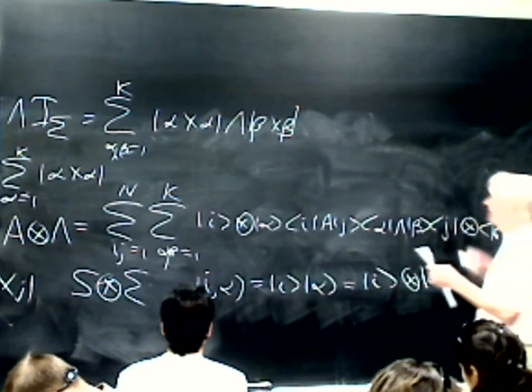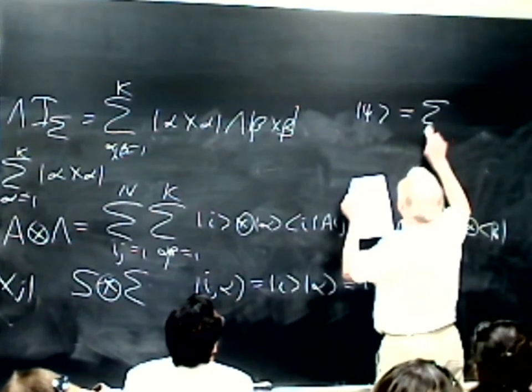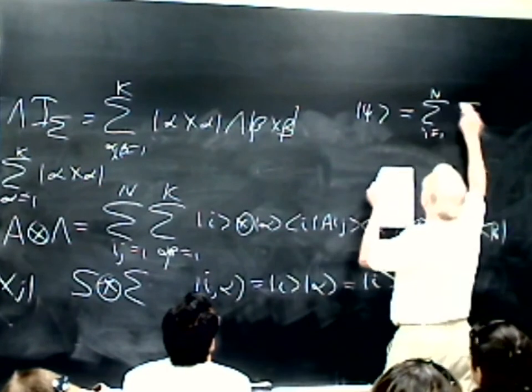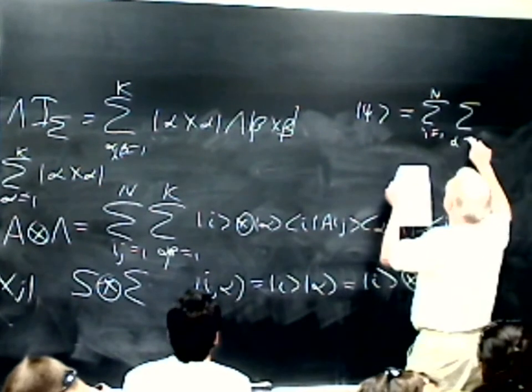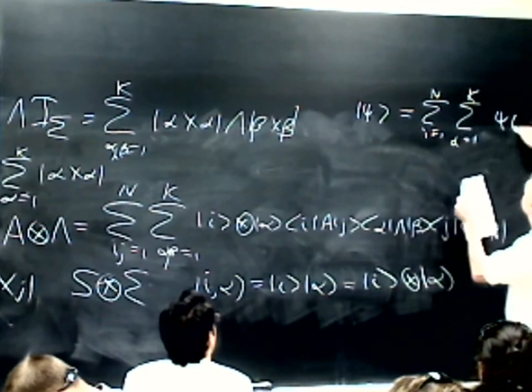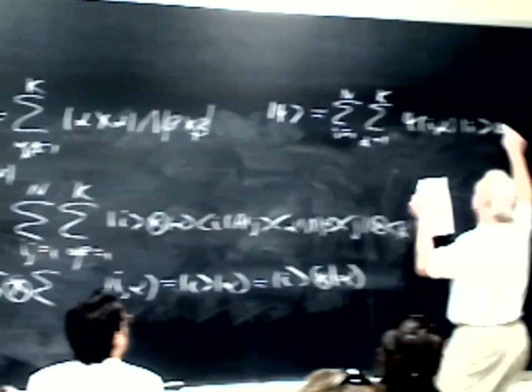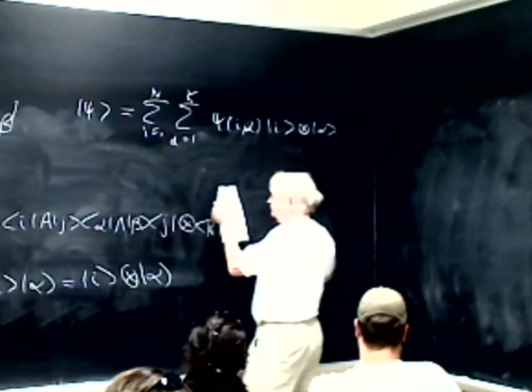A general vector ψ in this space would be of the form sum i equals 1 to n, sum α equals 1 to k, ψ_{iα}, some coefficient, times |i⟩ cross |α⟩.